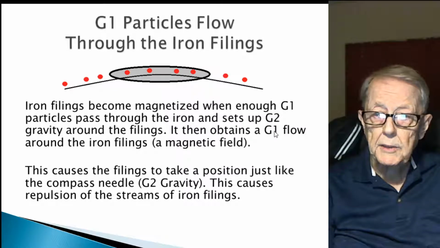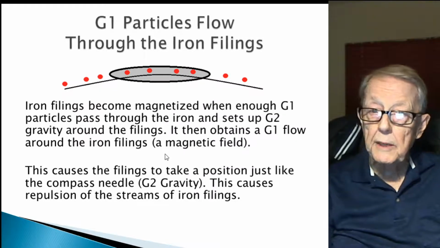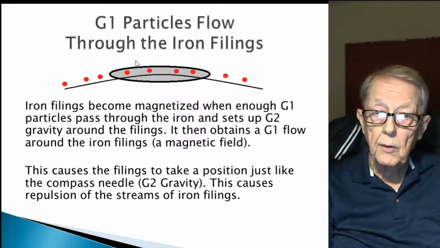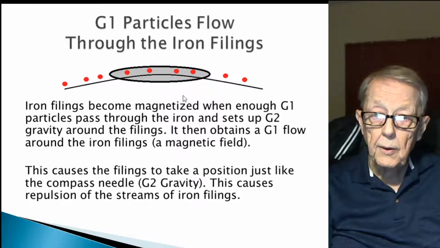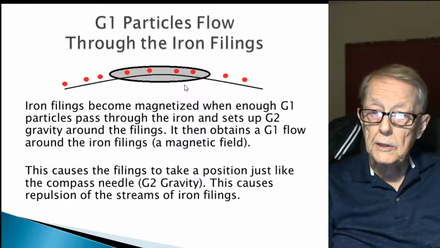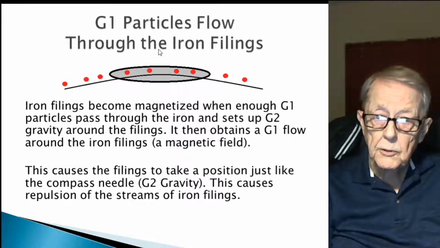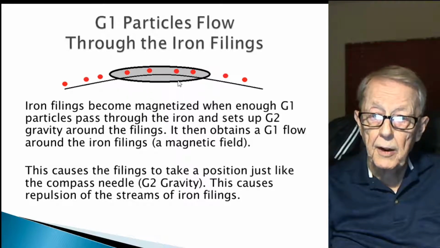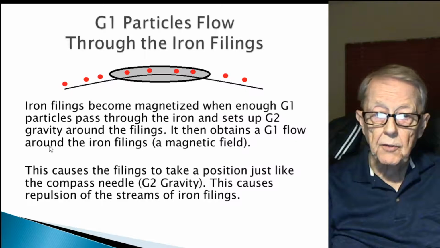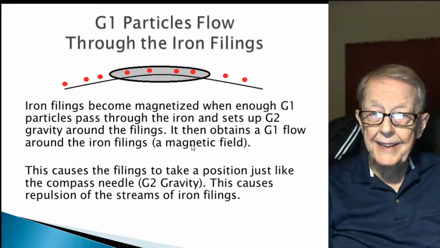Then it obtains a G1 flow around the iron filings, which means it's got a flow going around and around. Where do those G1 particles come from that go around the iron filings? Right from the magnet itself. It then obtains a flow around the iron filings, and it then has its own magnetic field.